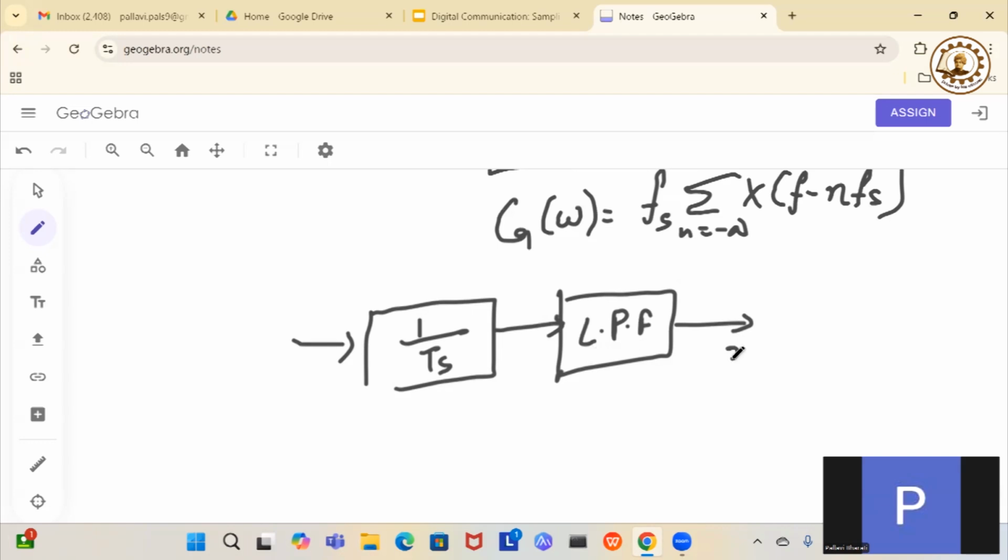Fine, and then you will get the original signal, that is xt. So from here you have passed gt and you have recovered xt. gt was your sampled signal and this one is your recovered signal or the original message signal.